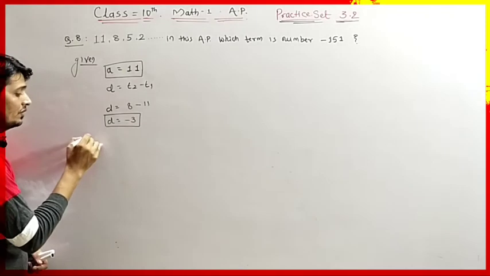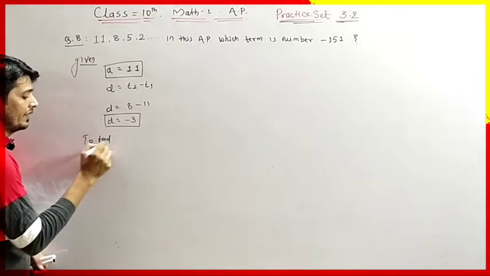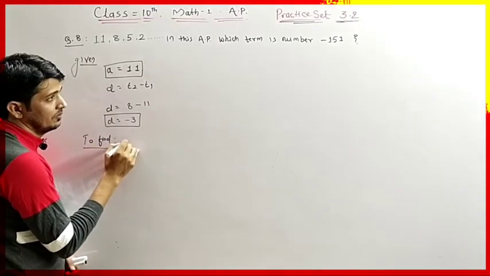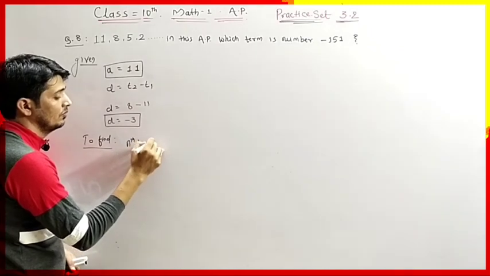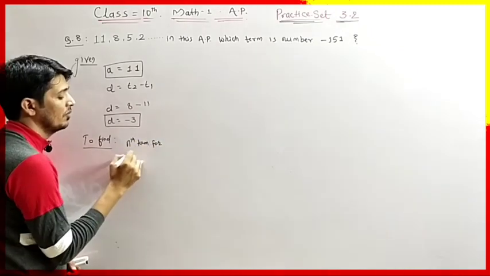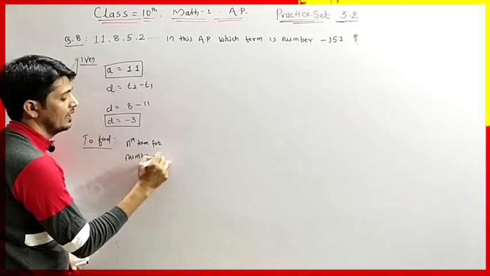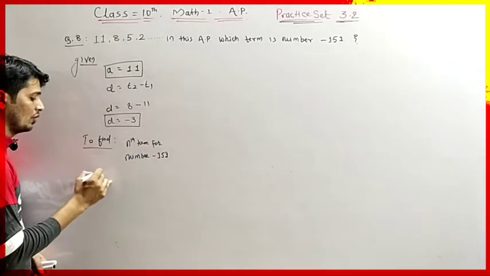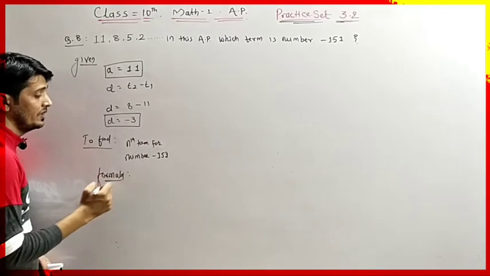Now the formula to find what we have to find, the nth term for the number minus 151. So what will be the formula?